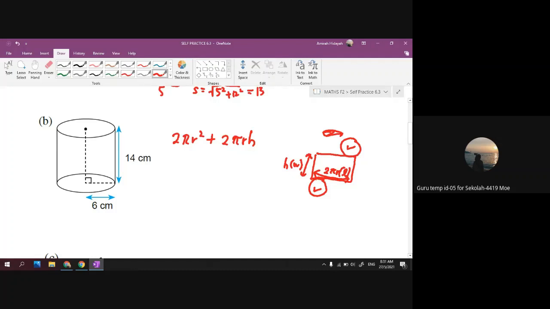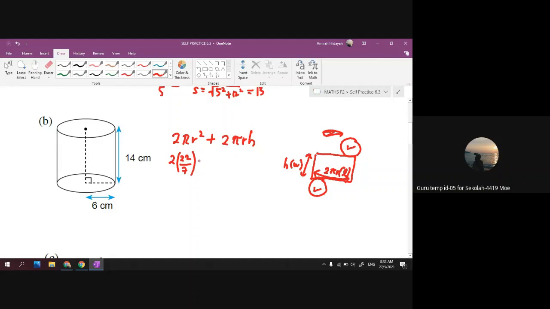So 2 pi r times h, because it is a rectangle, right? To find the area of a rectangle, length times width. So 2 pi r times h. So that's why you get 2 pi r h. So this is the formula untuk cari area cylinder. So ganti masuk. Radius kita dah tahu 6, already given.